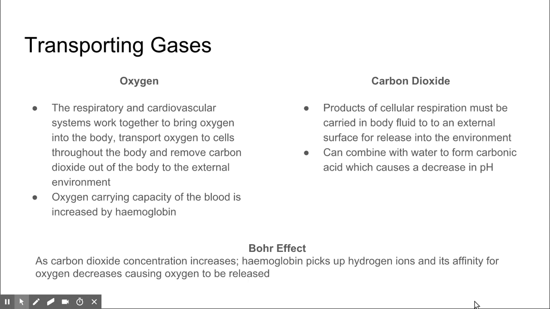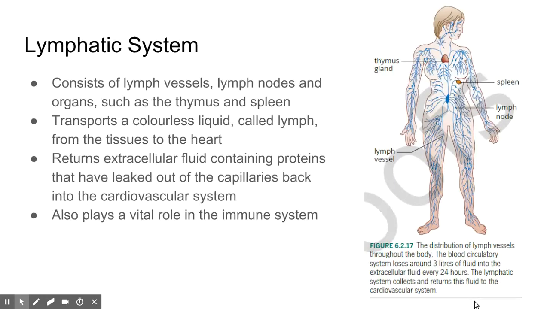And a little side note here is the Bohr effect. This is the way in which oxygen and carbon dioxide have an affinity with hemoglobin. As carbon dioxide concentration increases, oxygen does not want to bind with the hemoglobin anymore, which means that it moves into the bloodstream, and we see the carbon dioxide combine with the hemoglobin to then be transported out of our body.